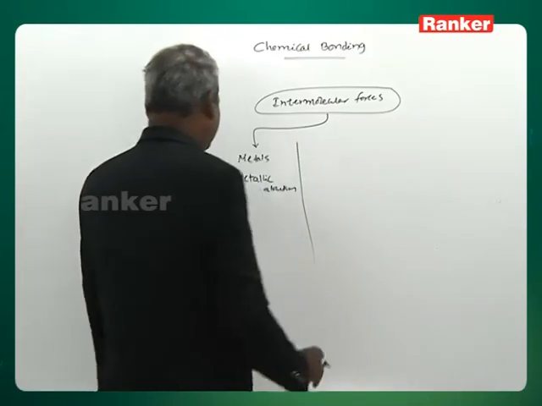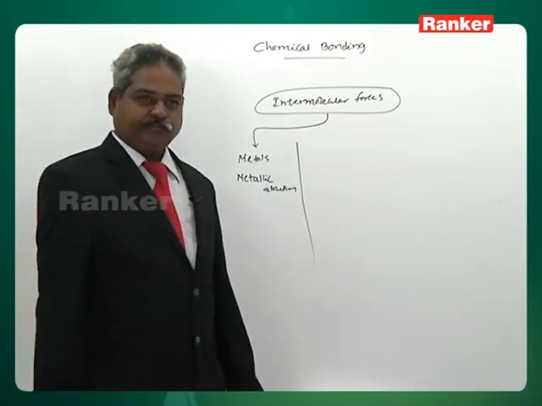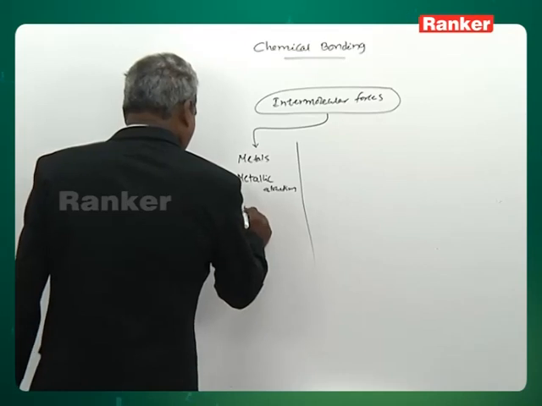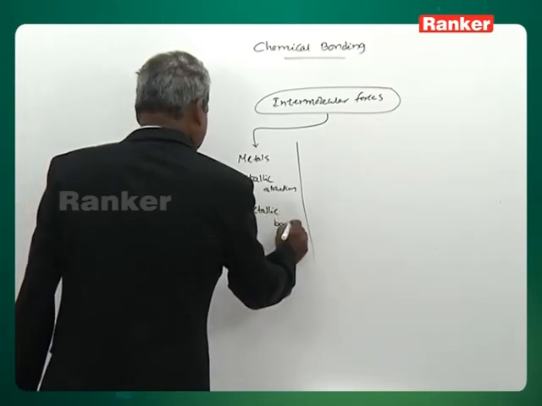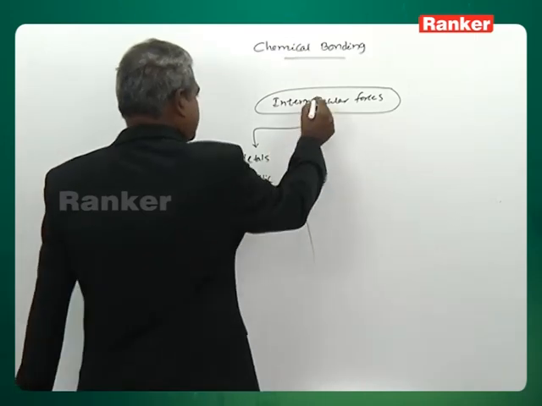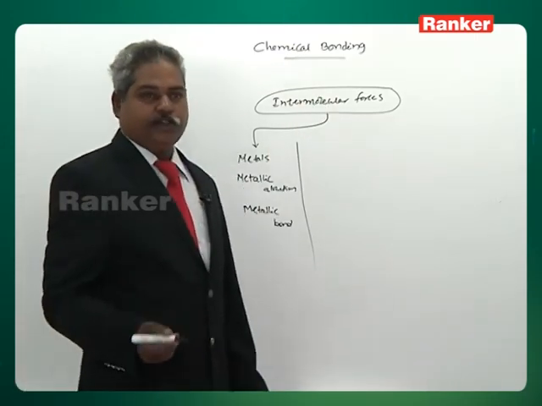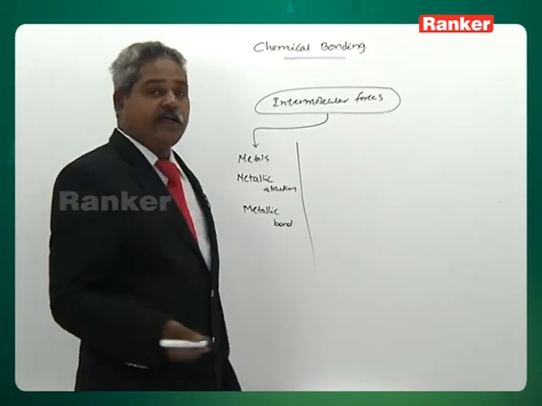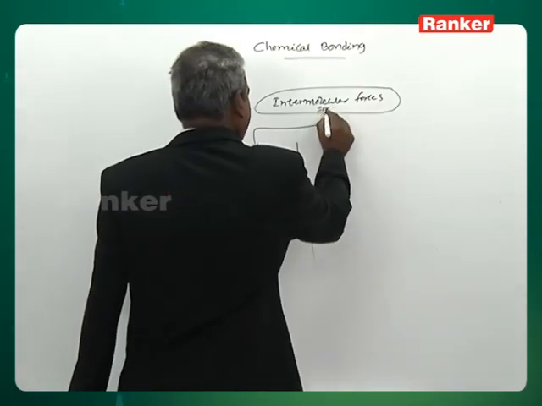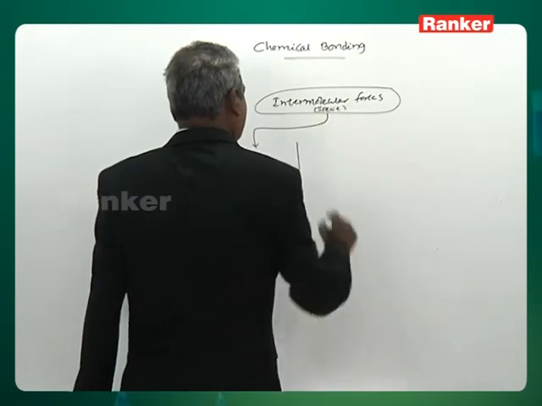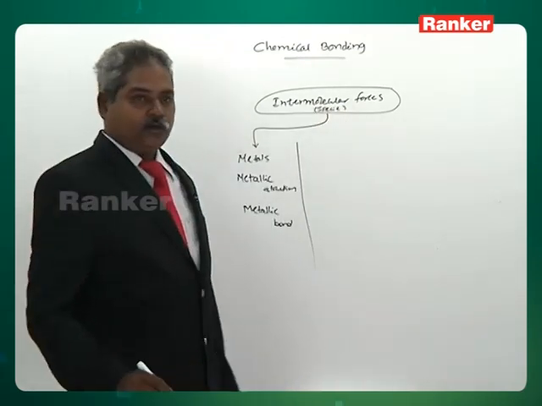In metals, we have metallic attractions, and the bond existing there is called metallic bond. Here, when I said intermolecular, I mean it is intermolecular, interatomic, interionic, interspecies attraction, any species, be it molecule, atom or ion.